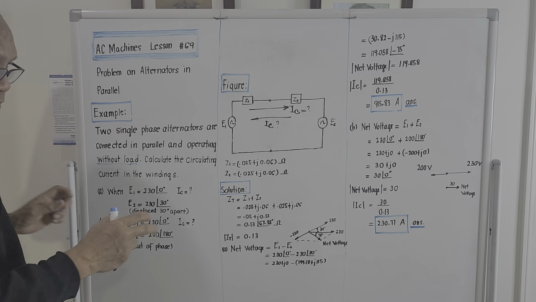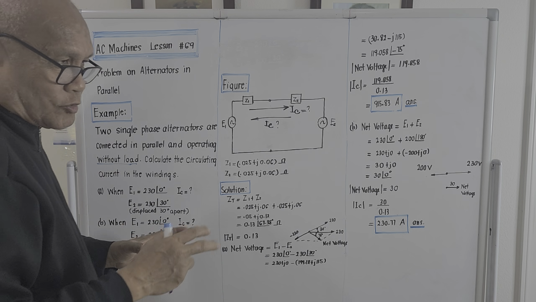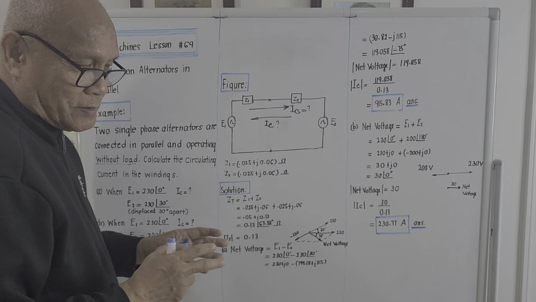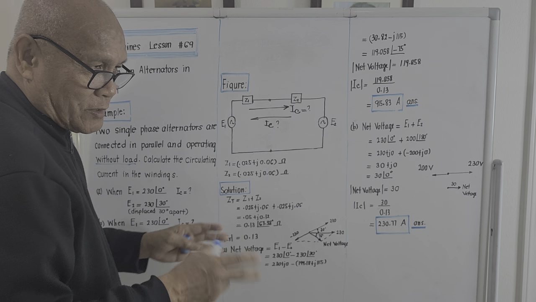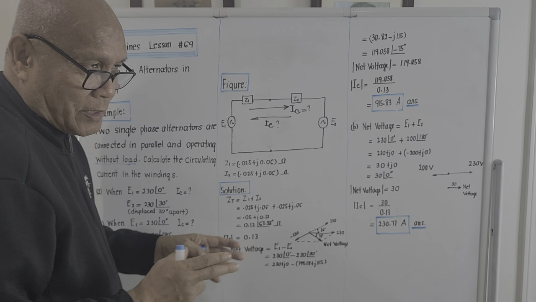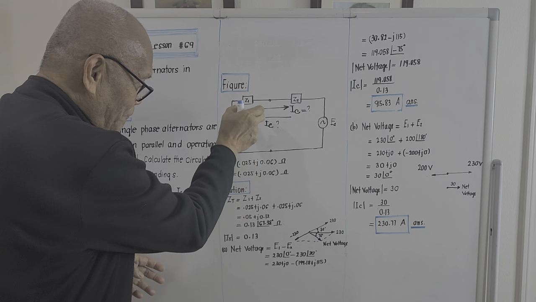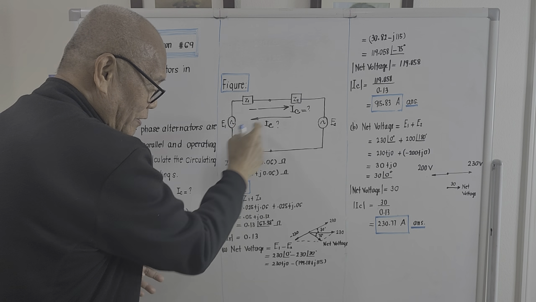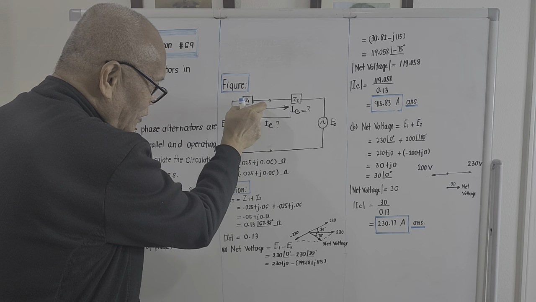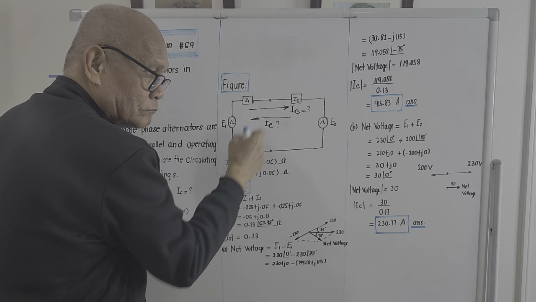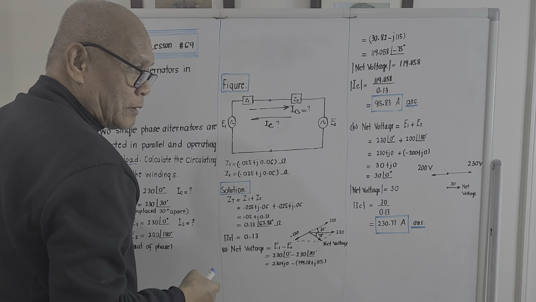Because in the alternator there will be an induced voltage on the armature windings, but just in case the load is disconnected, the current passing through the armature windings will be the current due to the impedances of alternator number 1 and number 2. And these values here are actually very small.